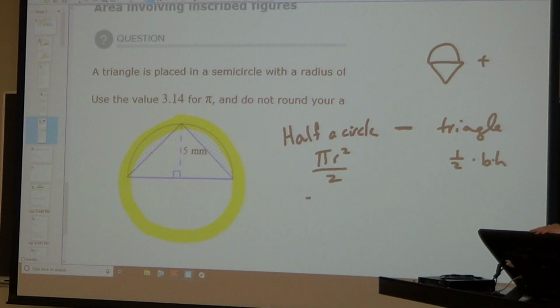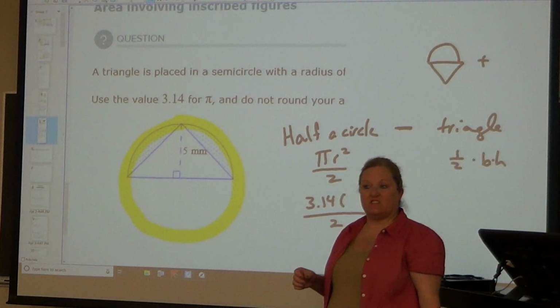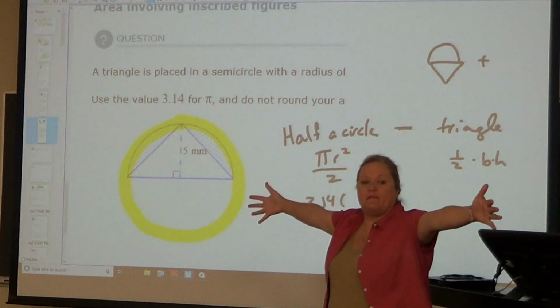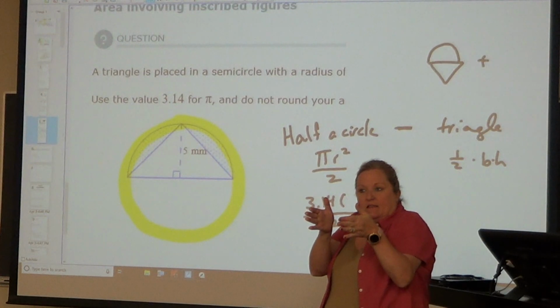3.14. Do you see your radius in that circle? What is my radius in that circle? Radius, not diameter, but radius.